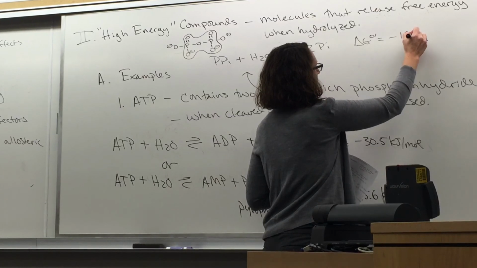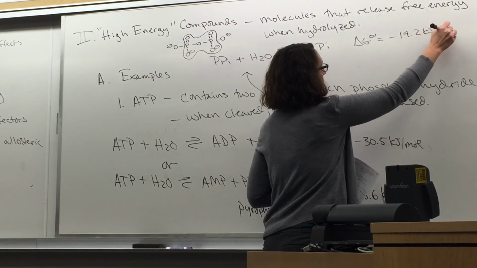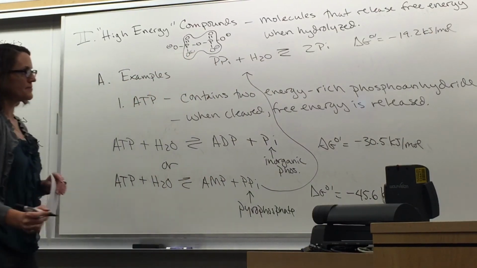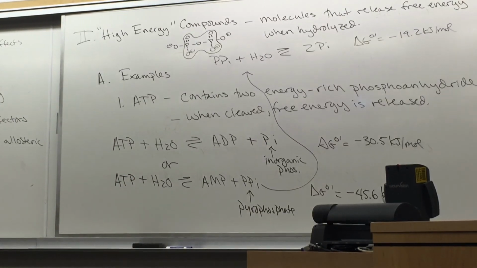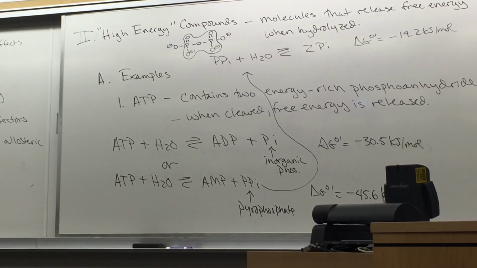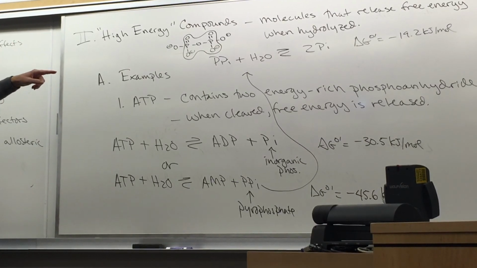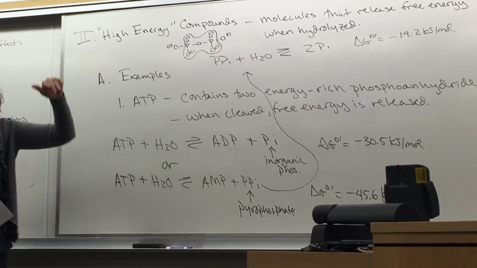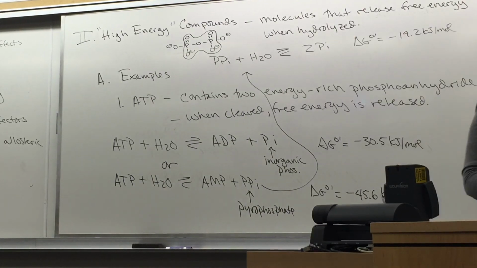That one's minus 19.2 kilojoules per mole. So that one's a two-step transformation. And if you add up the numbers, if I go from ADP to AMP, it's about the same as ATP to ADP. So if you add up minus 61 kilojoules per mole for that route versus the second route, ATP to AMP, then PPi, you get a little bit more free energy out. We'll talk about why that is next time. Okay, so with that, I will see you guys on Friday.